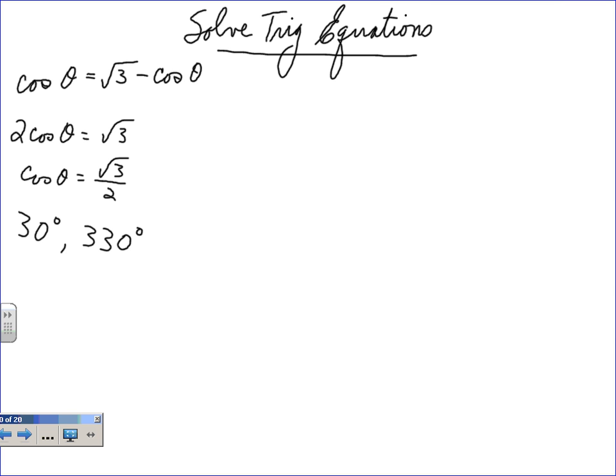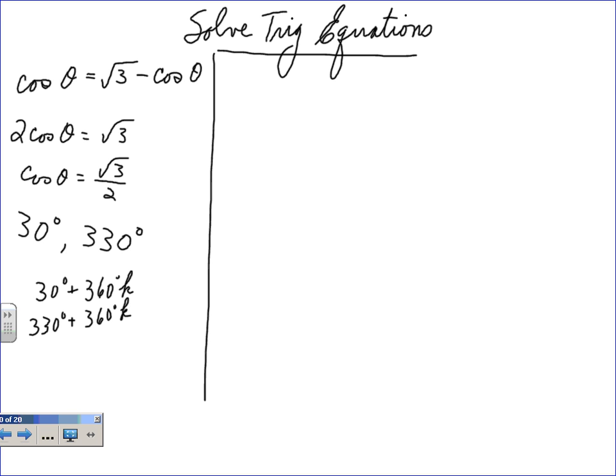So they're going to do the 30 plus 360n, and then 330 plus 360k. I don't care if you do that. It doesn't matter. I just want the 30 and the 330. I want those two. Any questions on that? Pretty easy.